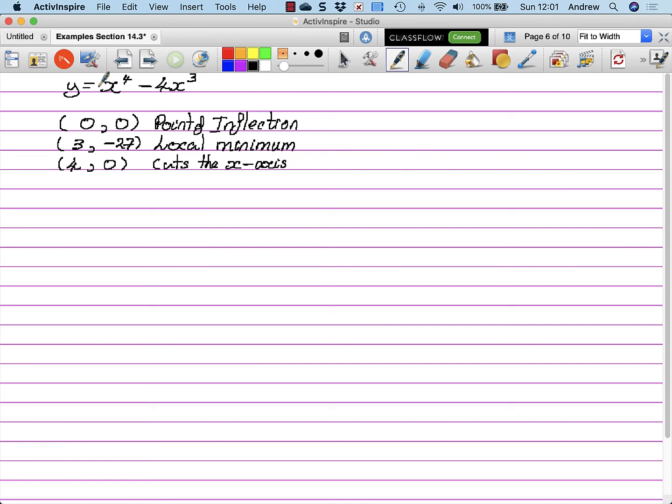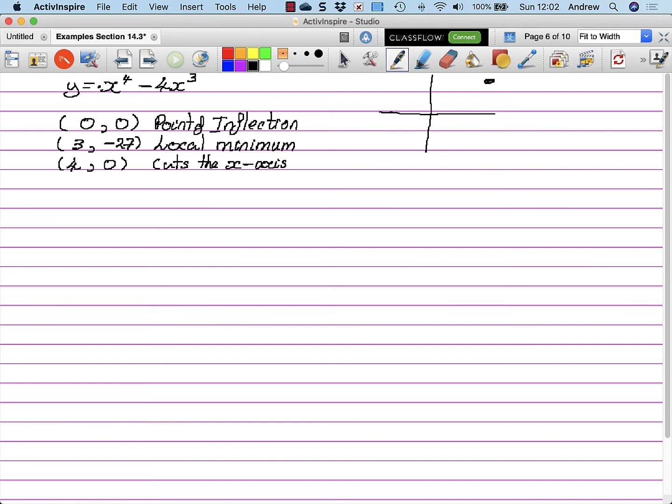It's a positive x to the power 4. So therefore, when we come to draw this, we know it's starting up there. So using all this information, we are now going to put this problem together.